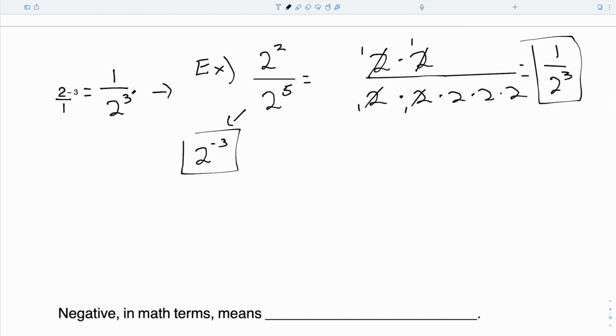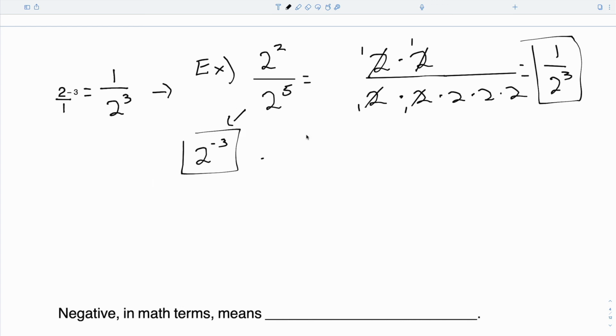Tanner. Isn't that 1 and 2 to the negative third? No, it is 1 over 2 to the third because you flip it and the exponent turns opposite. But okay, why I'm confused is on the example, 2 to the second over 2 to the fifth, you say it equals 2 to the negative third, and then you said it also equals 1 over 2 to the third.